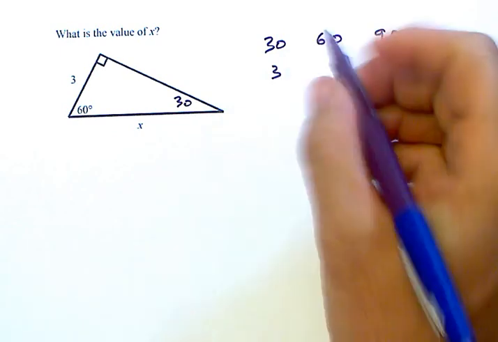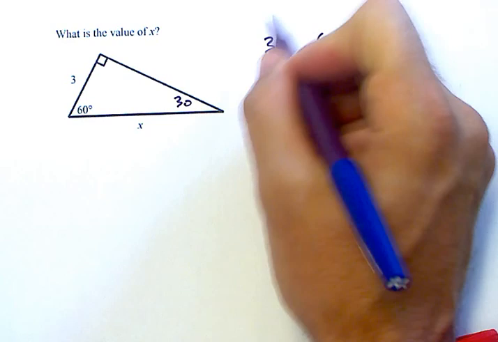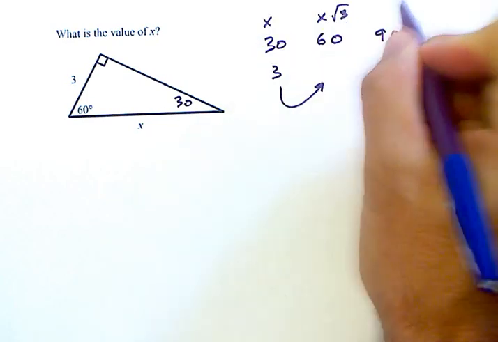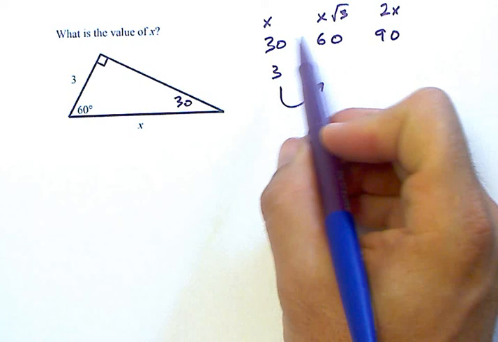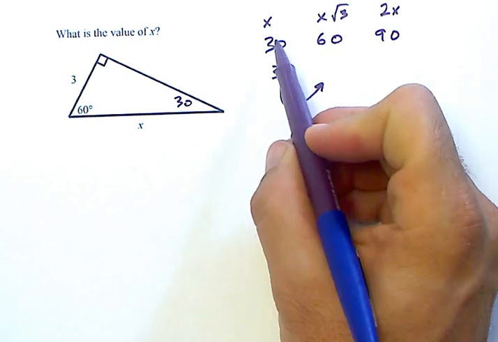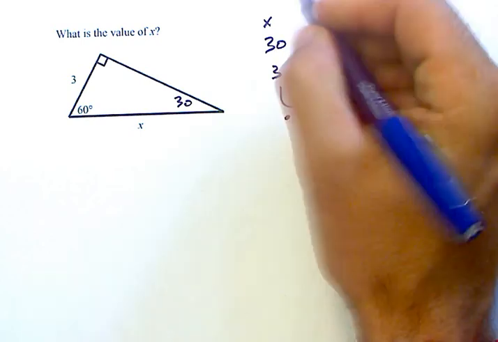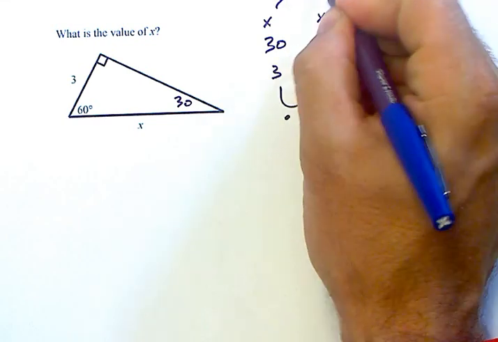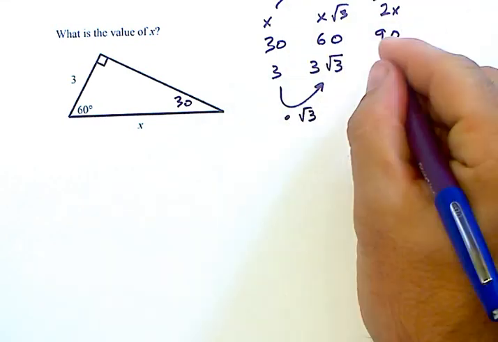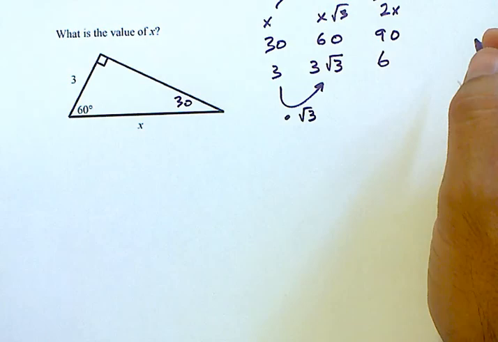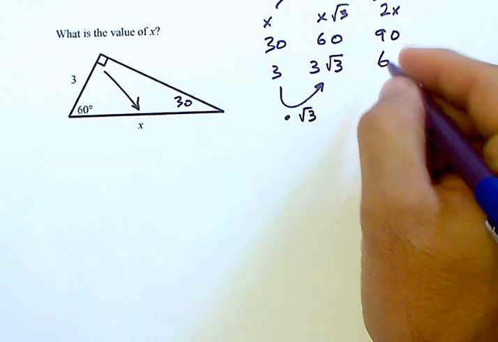Since the ratio is x, x square root of 3, and 2x, you can go from 30 to 60 and also from 30 to 90. You do that by multiplying by square root of 3, and to go from 30 to 90, you multiply by 2. So this would be 3 square root of 3, and this would actually be 6 here. Then what they're asking for is the side opposite 90, which you have here.